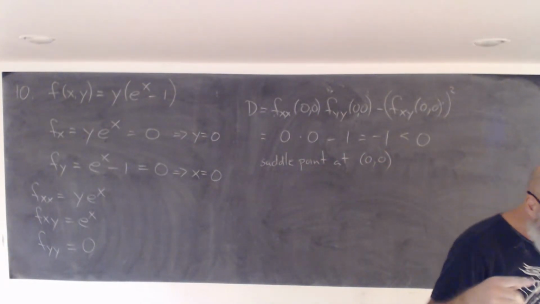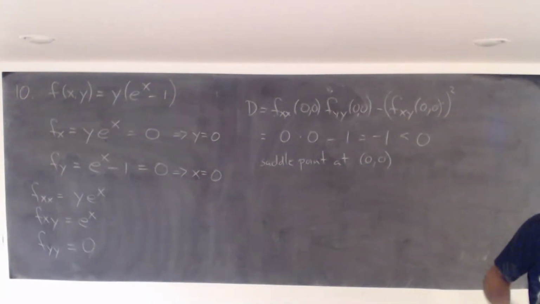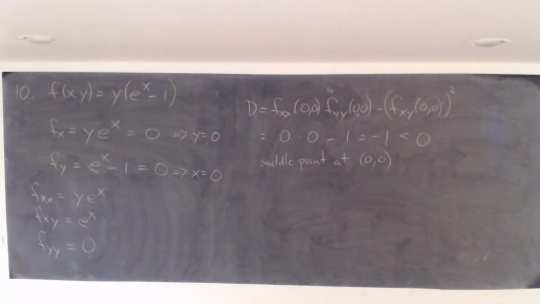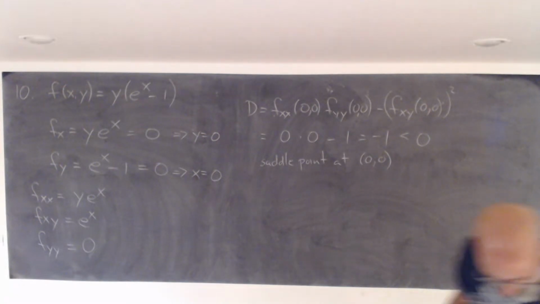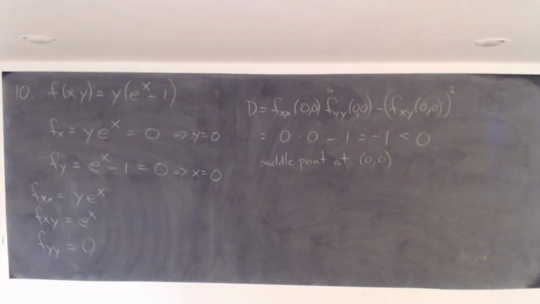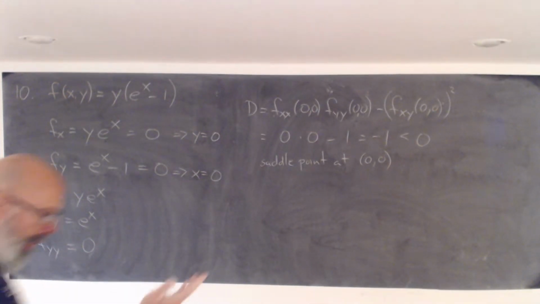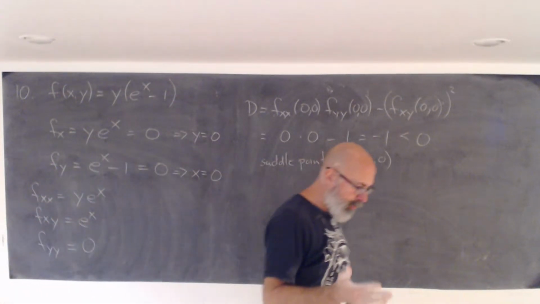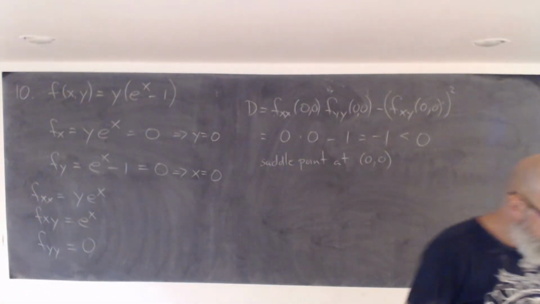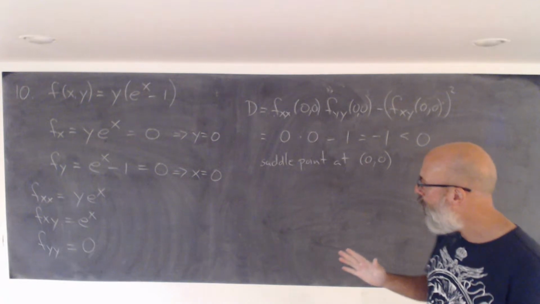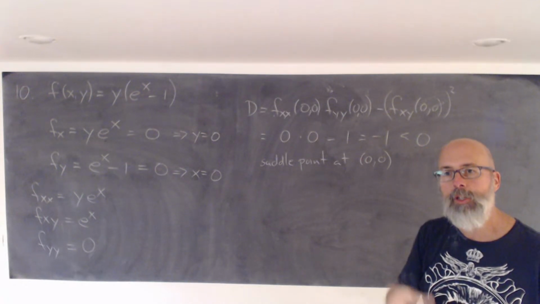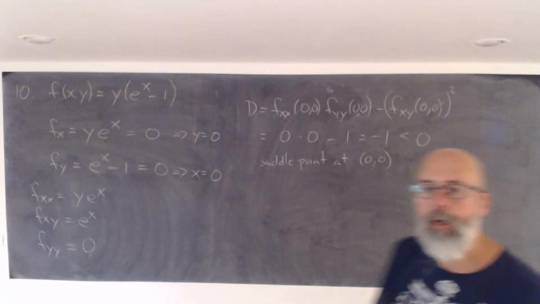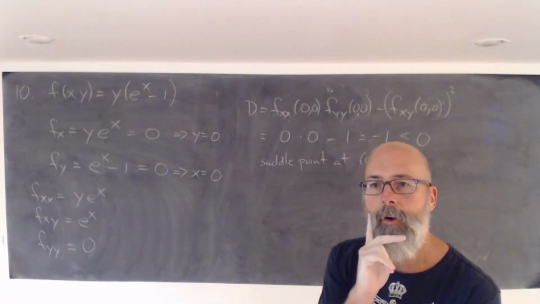Let's go back to the Cal 1 situation where if you had a continuous function on a closed and bounded interval, it attained a max or min, and where did that happen? At critical points or at the endpoints? There are some questions here.